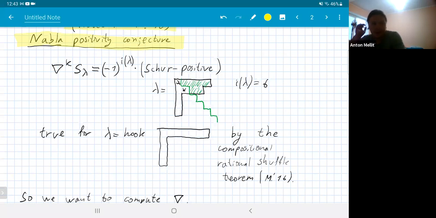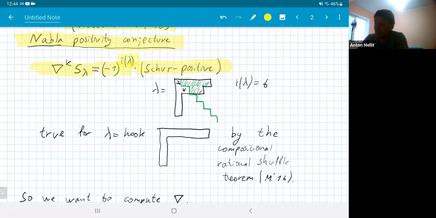So it is a very strange property. And when you start applying it to other Schur functions, you will notice the following observation. Applying any power of Nabla to a Schur function gives you a Schur positive expression, but up to sign. So the sign depends on lambda.